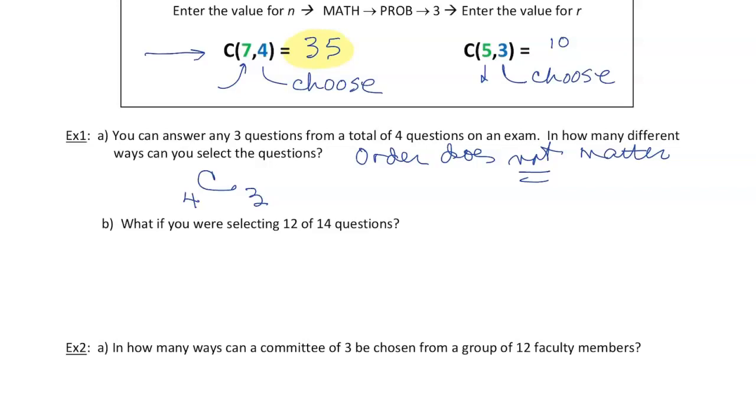In my calculator, I go across again, math, probability, down to nCr, and I put a 4 and 3, and I get that there are 4 ways to do that. What I said was 4 choose 3, and I use choose because choose tells me it's a combination. What if you were selecting 12 or 14 questions? It still is the same scenario where order doesn't matter.